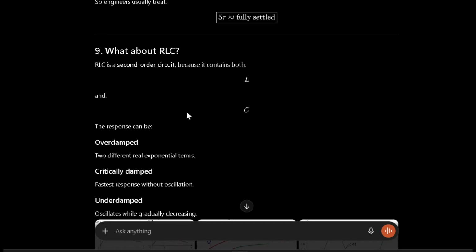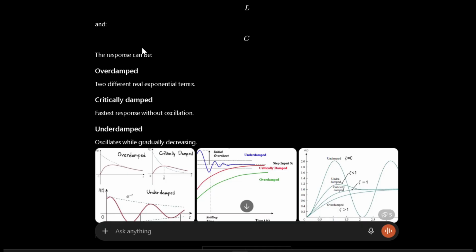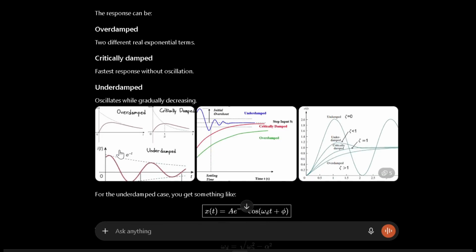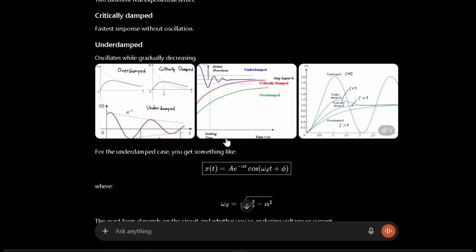Because it contains both L and C, we use the words overdamped: two different real exponential terms; critically damped: fastest response without oscillation; underdamped: oscillates while gradually decreasing.